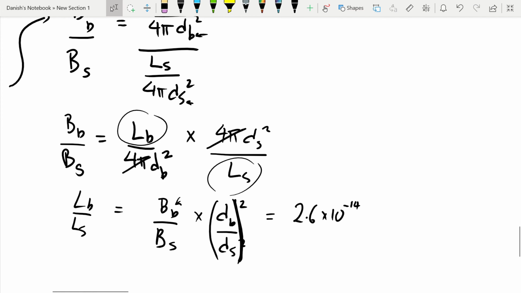Now this is a little interesting, and in a second I'll tell you why. It's interesting because dB refers to the distance to Barnard star, and ds refers to the distance to the sun. The bottom is obviously 1 astronomical unit, but here we calculated this part. dB we calculated to be 5.94 light years. So we have to convert that into astronomical units.